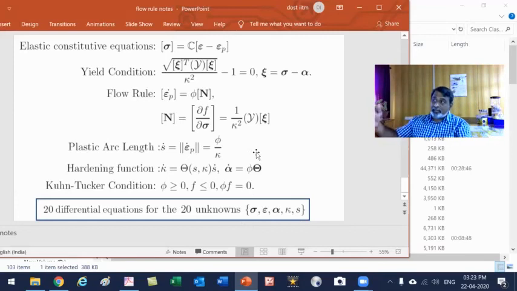We looked at yield surfaces. We looked at the equations that we obtained for a three-dimensional scenario. And now we are solving the differential equations, the state equations that we get, but with 20 different unknowns to be solved for.